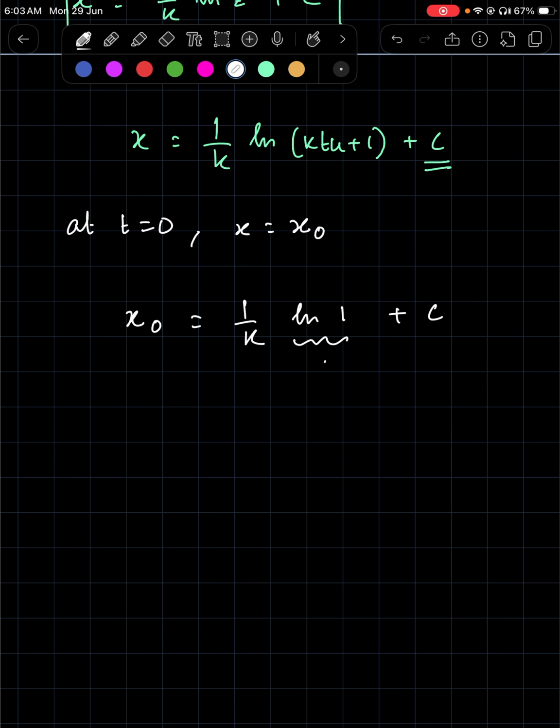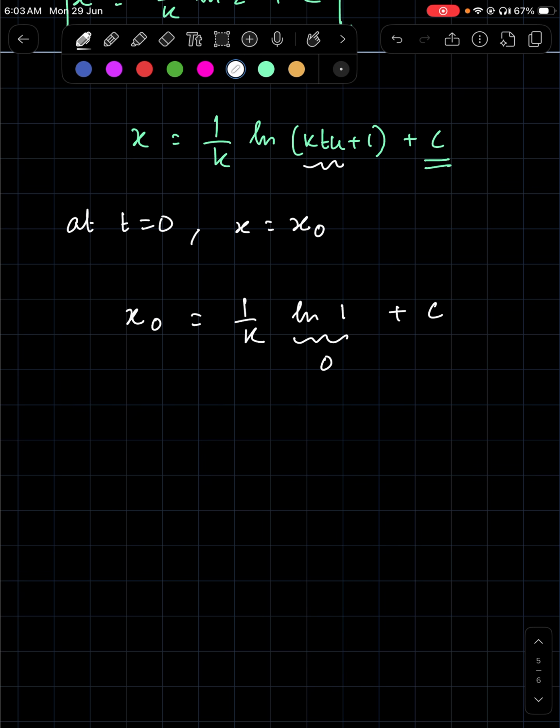But ln 1 is 0, right? Because when I put t equal to 0, this term becomes 0. That's why it becomes ln 1. So ln 1 is 0, so c equals x naught. So the final expression: x becomes 1 by k ln of ktu plus 1, plus x naught.